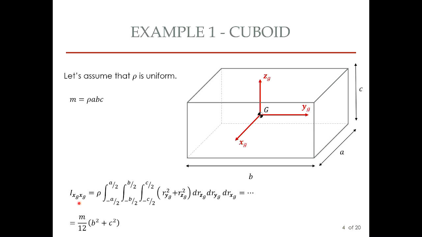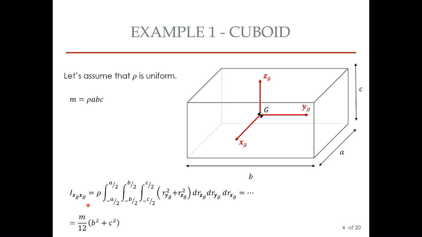So how to actually carry out the integral? If you have a look at the XX component, the integrand itself is ry squared plus rz squared, which is what I have. And the rho, because in this example I'm assuming uniform density, I can take outside of the integral.